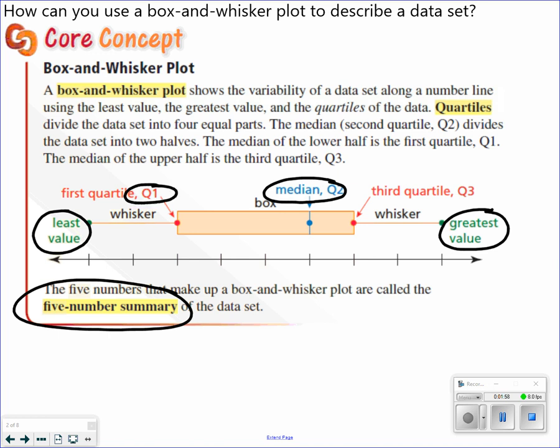And quartile 3 is the median of the upper half of the data set. And so what ends up happening is you get a summary of where the data actually falls. And so the longer the whisker, the more that is an outlier of the data set. And so the smaller the box, the more numbers there are actually in that particular area. So the larger the box, the more spread out the data is.